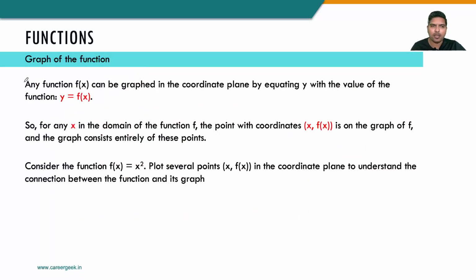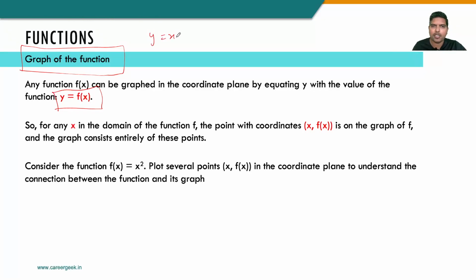Now, the same way, we can use the functions to draw the graph, right? We know that f of x is same as y. That means the f of x values are the y values in a certain xy plane. We have seen in the equation of a line how for a certain x value, the y value is plotted on the graph, right?